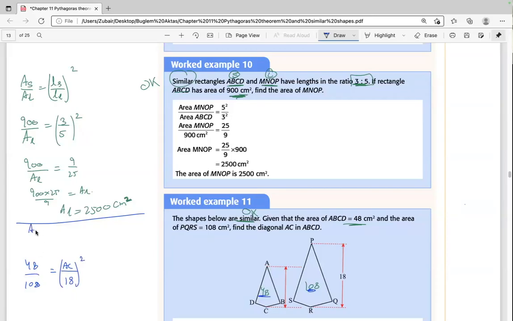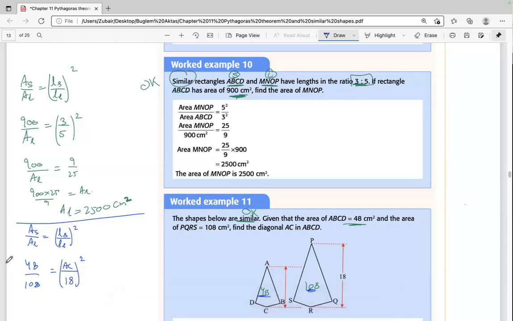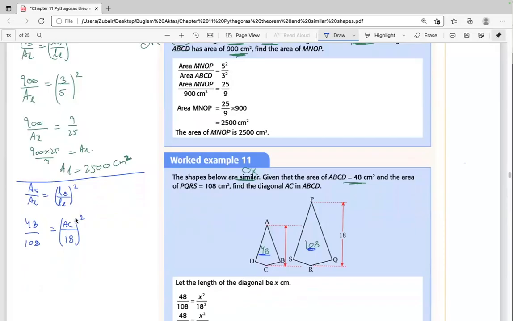So we can do, okay, area of smaller divided by area of larger is equal to length of smaller divided by length of larger, whole squared. Now we have plugged in, and now we can solve it. We can either take the square root on both sides or open this square. So 48 by 108 into 18 squared is equal to AC squared. Using the calculator, 48 divided by 108 gives 4/9, into 18 squared gives 144.